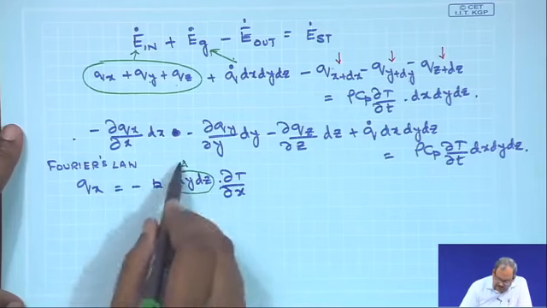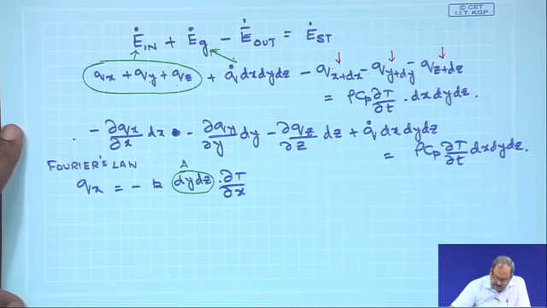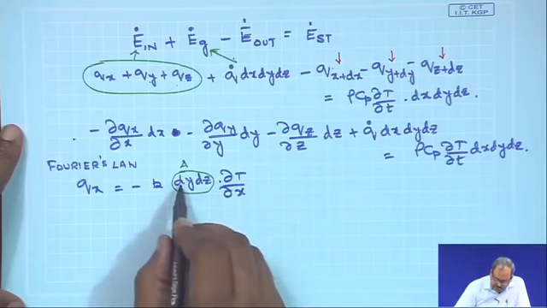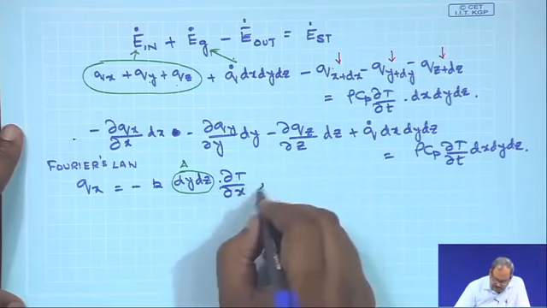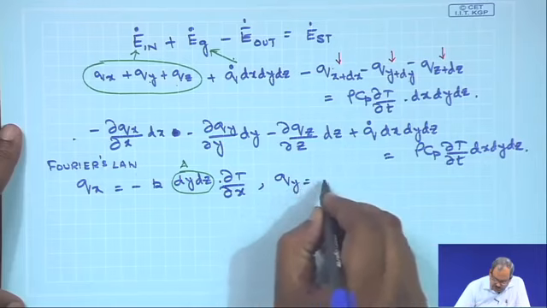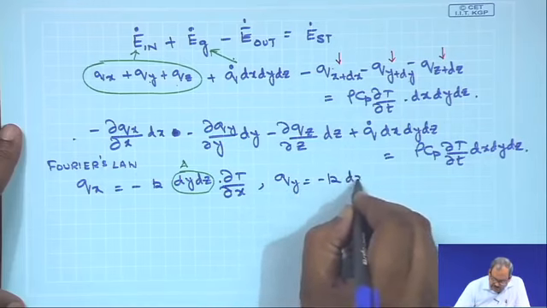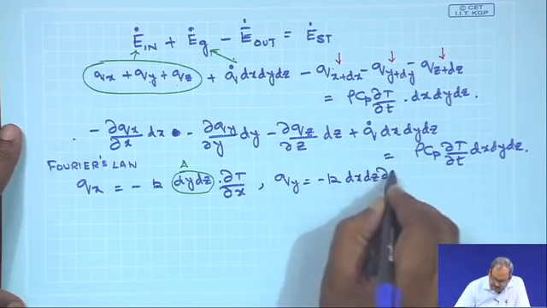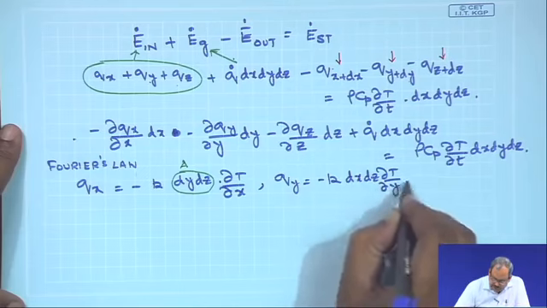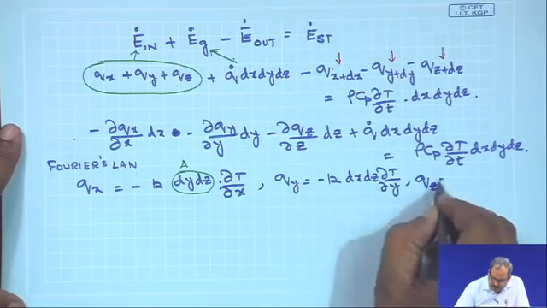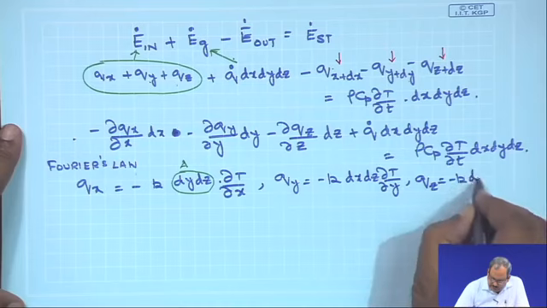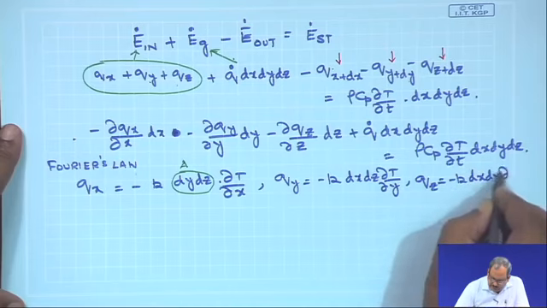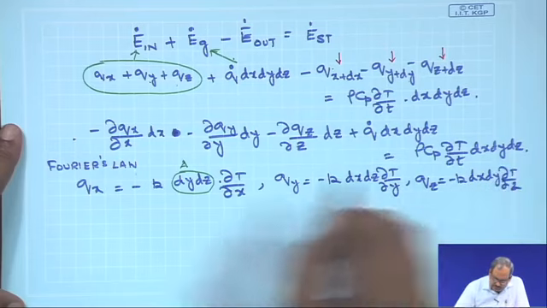Q is minus k A dT/dx, and since we are talking about the x face, it has area dy dz. Similarly, qy would be minus k times dx dz times del T by del y, and qz would be minus k times dx dy times del T by del z.